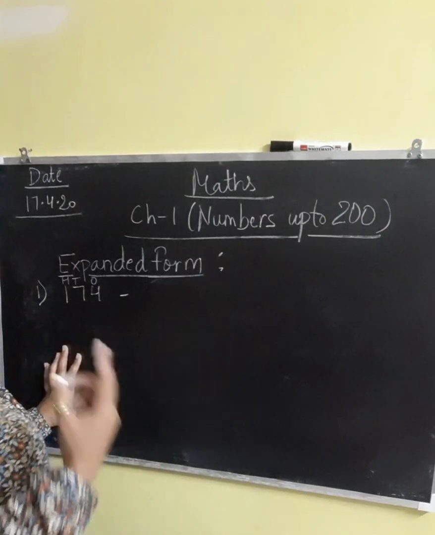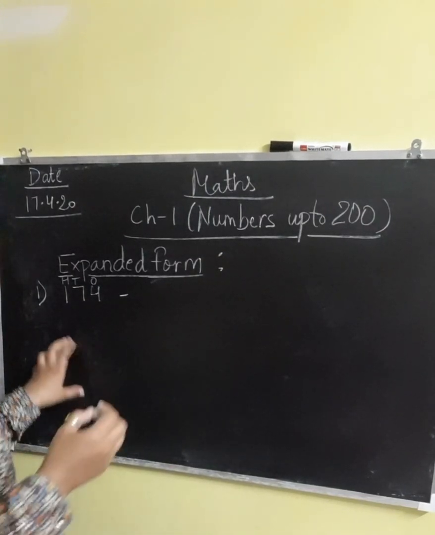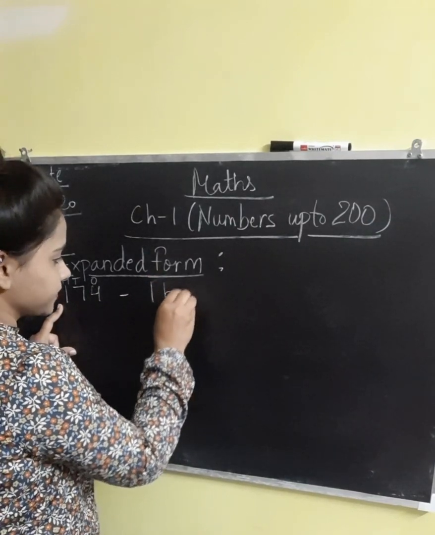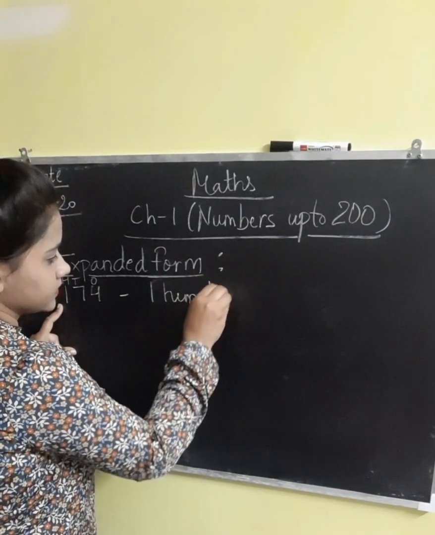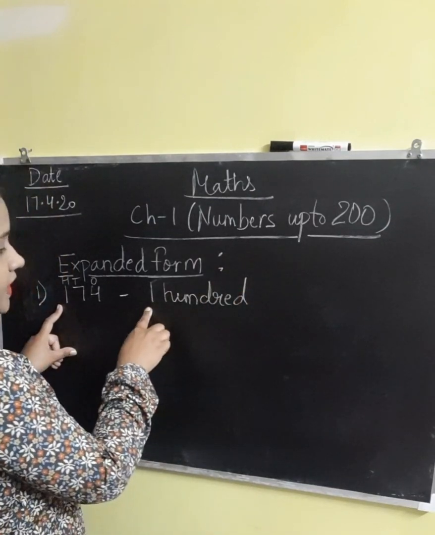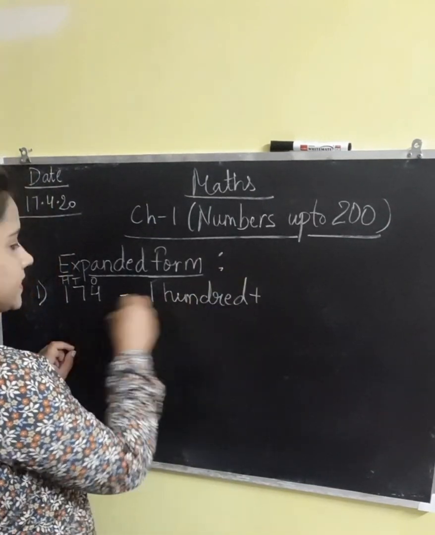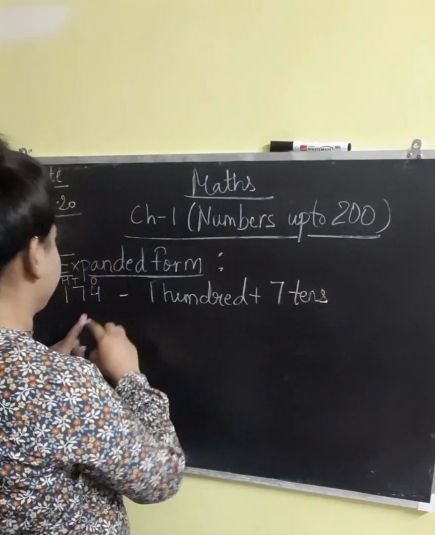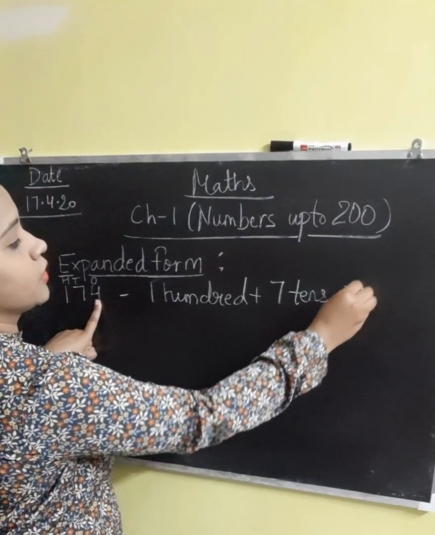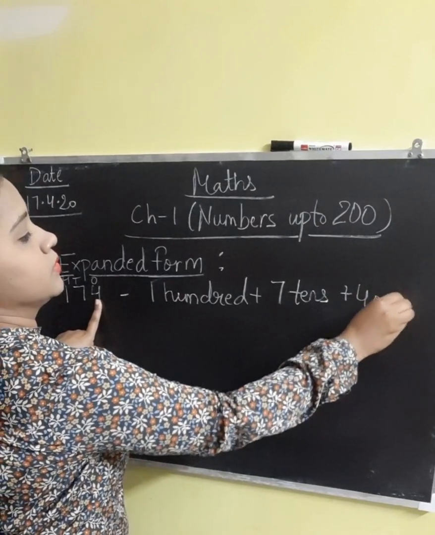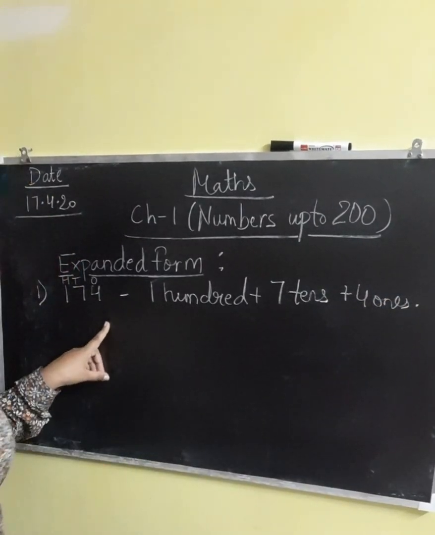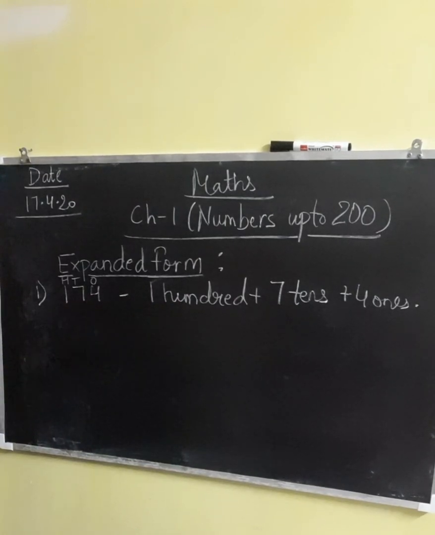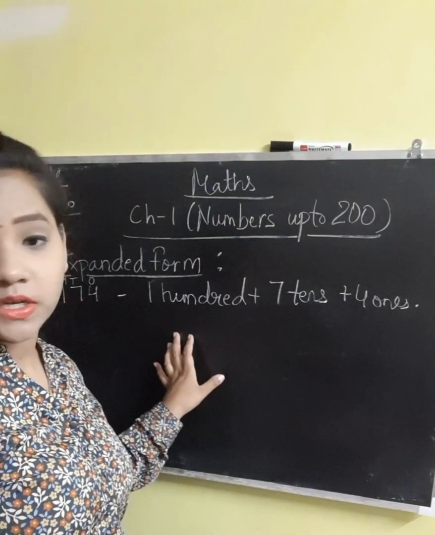So in the expanded form, how you are going to write it: 100, because we have 1 at 100 place, so 100 plus 7 tens plus 4 ones. So this is the expanded form of this given digit. Hope you all understand this concept.